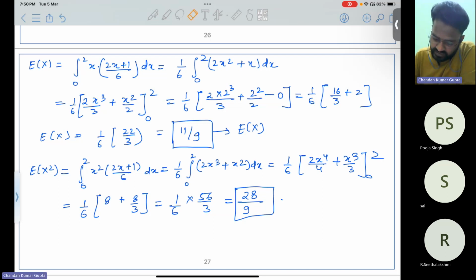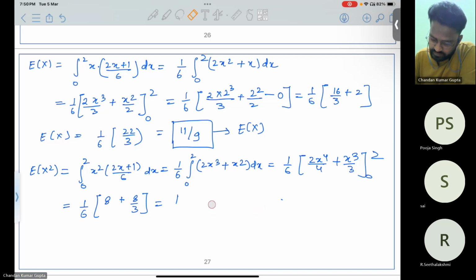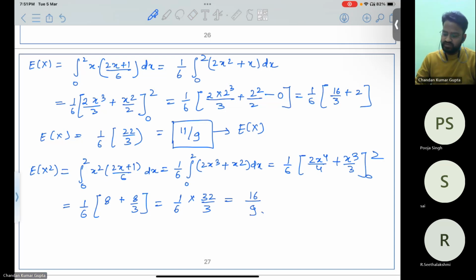This comes out to be 1 by 6 multiplied by 32 upon 3, which comes out to be 16 upon 9. Okay, so this is the expected value of x square.